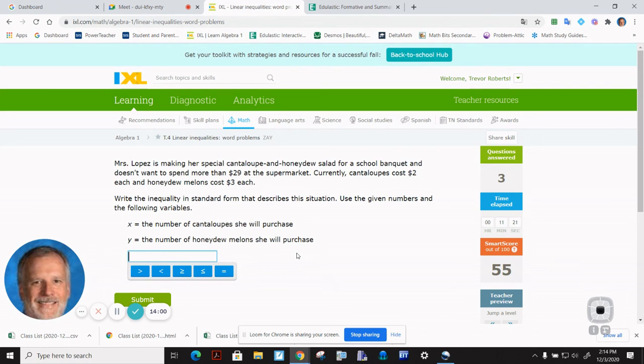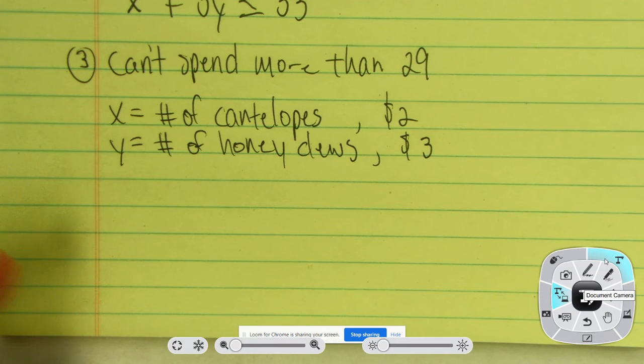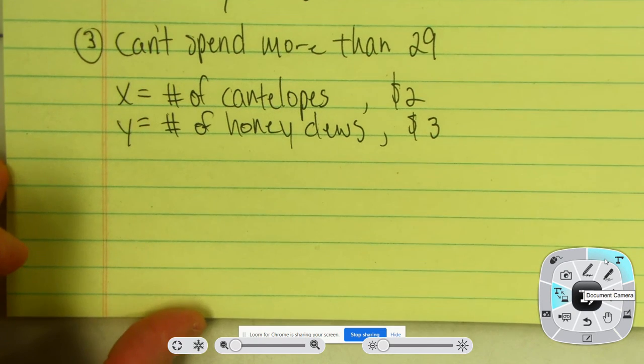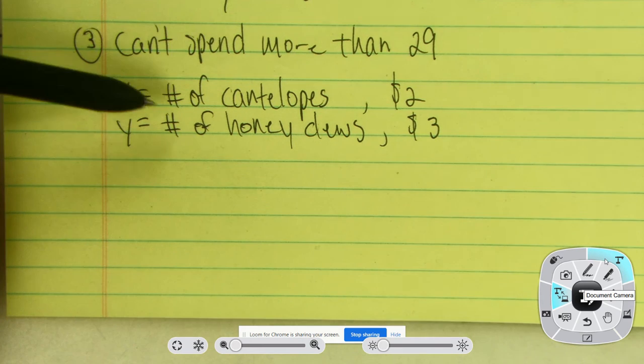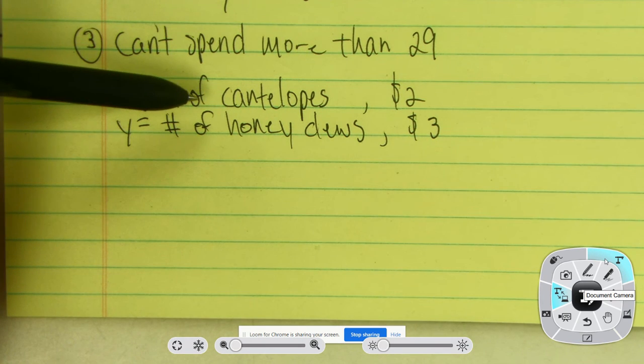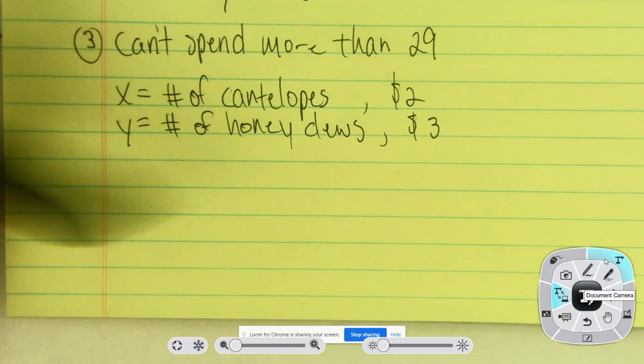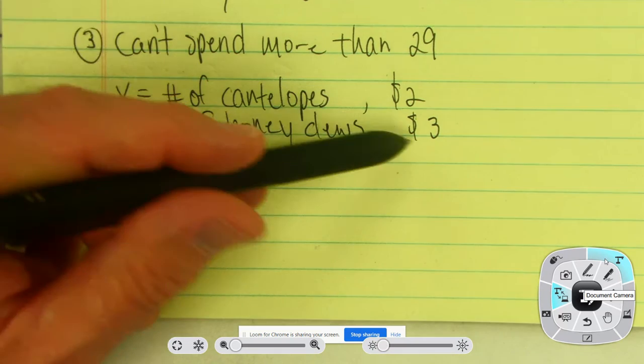Remember that the cantaloupes cost $2 and the honeydew $3. So taking that information, we need to write an inequality. So I just jot down, I can't spend more than $29. X is the number of cantaloupes, and they cost $2 each. And Y is the number of honeydews, and they cost $3 each.